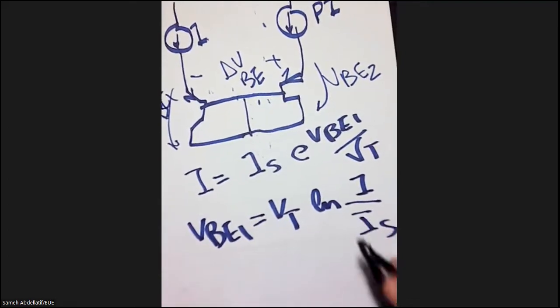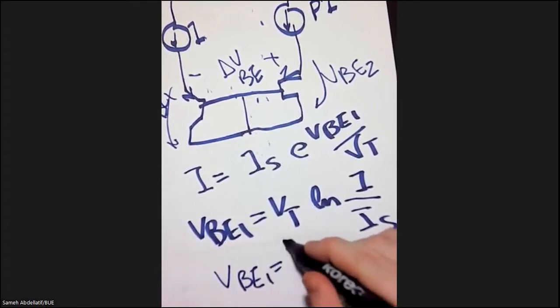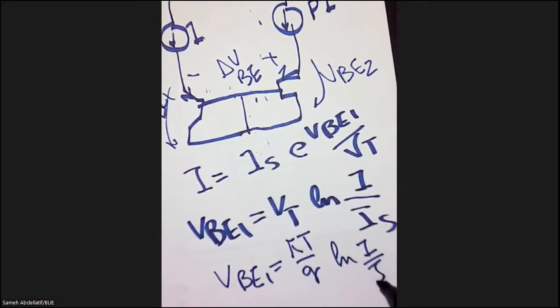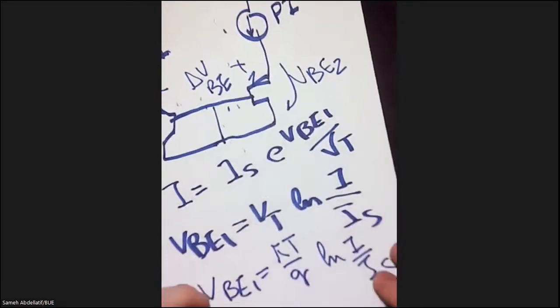Or in other words, VPE1 equals KT over Q ln I over IS. So this is a very simple equation to express the voltage VPE1 as a function of temperature and the current flowing in the transistor.